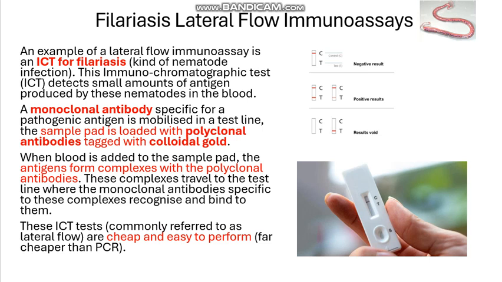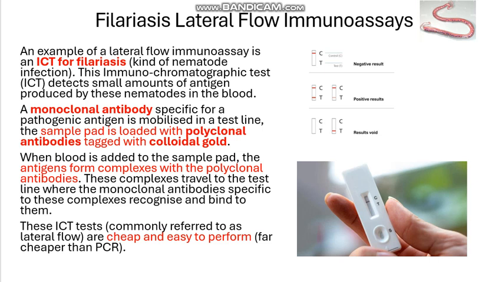So moving on to filariasis lateral flow immunoassays. An example of a lateral flow immunoassay is an ICT for filariasis. Filariasis is just a kind of nematode infection. The immunochromatographic test, the ICT, detects small amounts of the antigen produced by these nematodes in the blood. A monoclonal antibody specific for a pathogen antigen is immobilized in a test line.